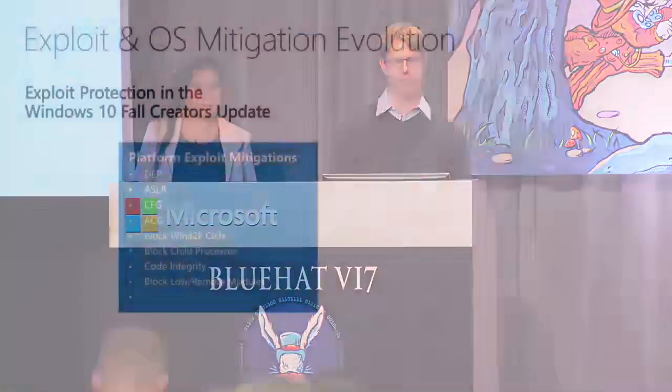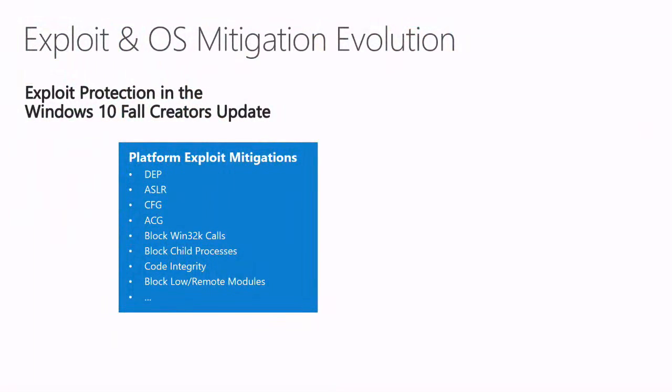Thank you. Right, so as Jessica mentioned, exploit protection is the second piece of Windows Defender Exploit Guard, and it's the functionality that allows you to apply mitigations to applications and replace EMET.